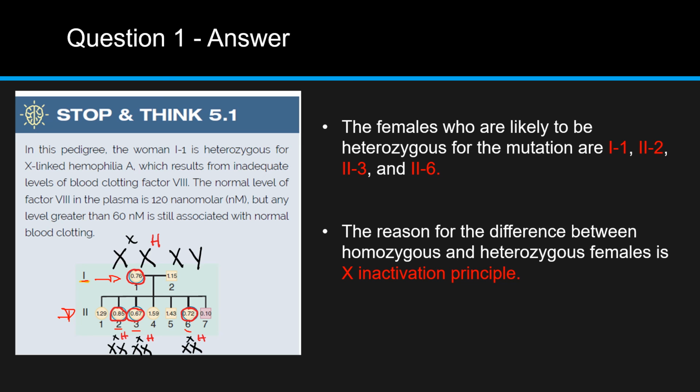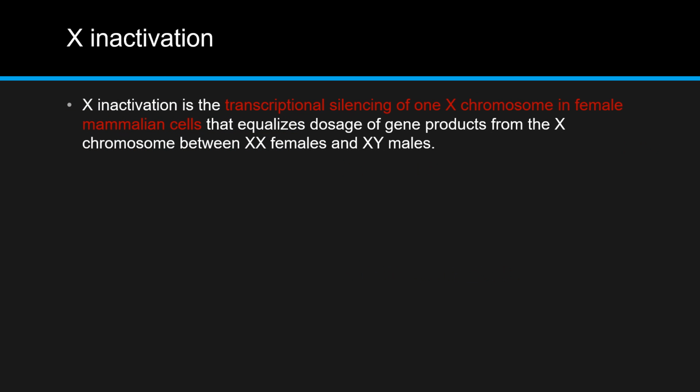The reason for the difference between homozygous and heterozygous in females is something called the X inactivation principle. You have heard a lot about that, and Jamie talked a lot about it in his presentation. You can take a look at Jamie's presentation, or you can go to my video lecture about this.